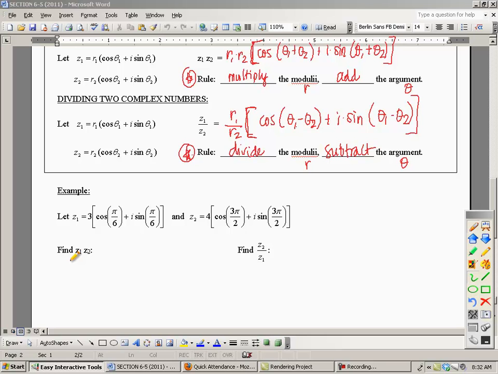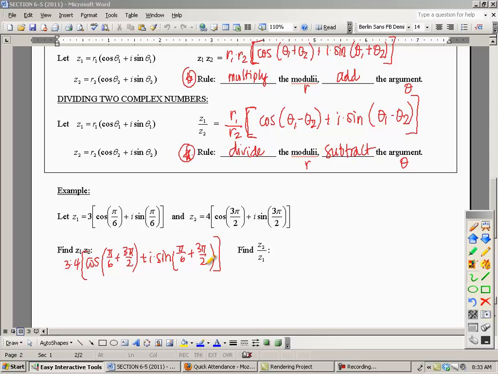We take 3 times 4, and then we're going to do the cosine of pi over 6 plus 3 pi over 2 plus I times the sine of pi over 6 plus 3 pi over 2. Adding them, it's commutative, so it doesn't matter the order, but I'll keep the order the same for you guys.